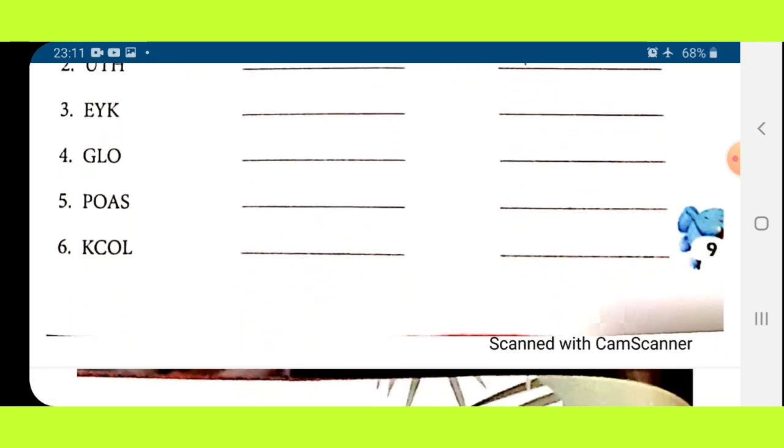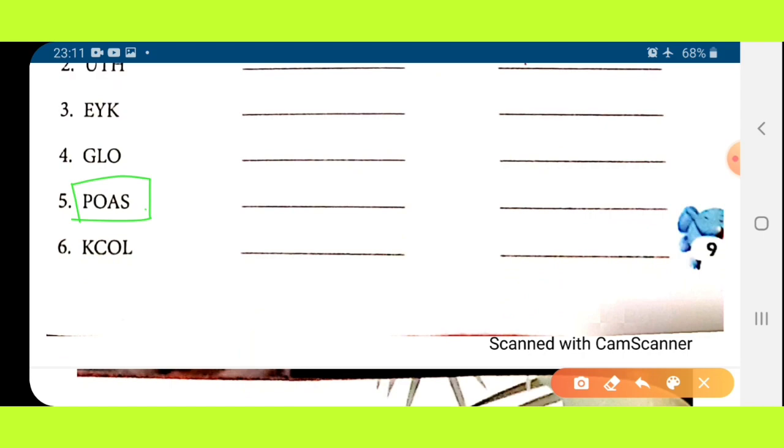Okay, after that, the next word, POAS. What will be the word here, POAS? Okay, I will count till 5 and you have to give the answer, okay? 1, the clock is just running fast. 2, 3.